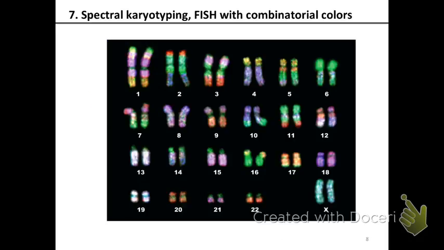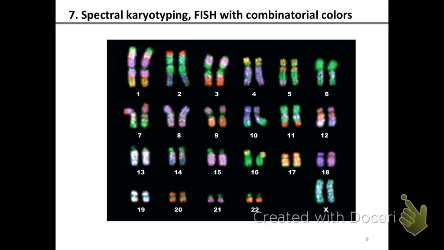So instead of looking at just one region with a red probe, you make lots of different probes and look at the whole genome. In these cases, the probes are made by dNTPs that have different combinations of fluorophores, okay? And then the microscope is going to take these images.